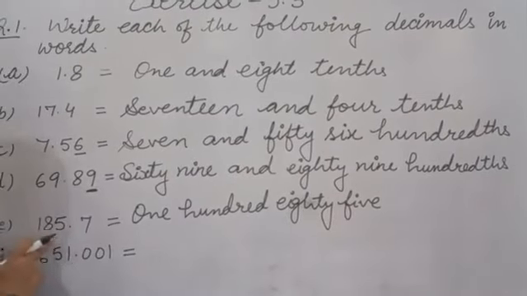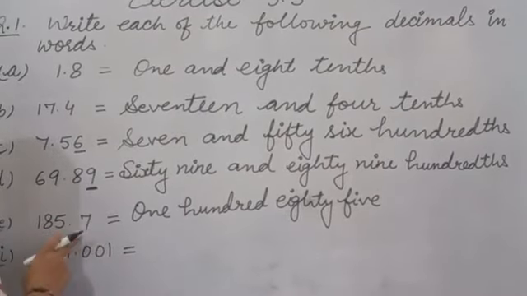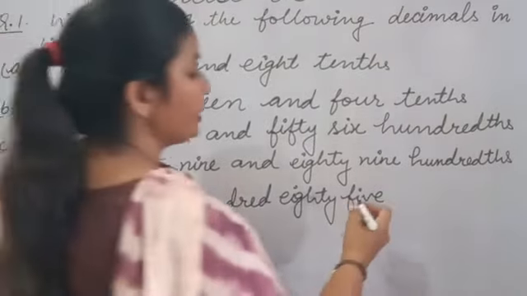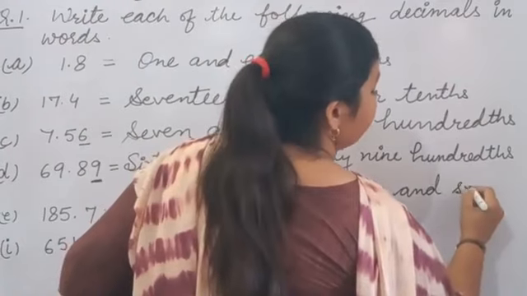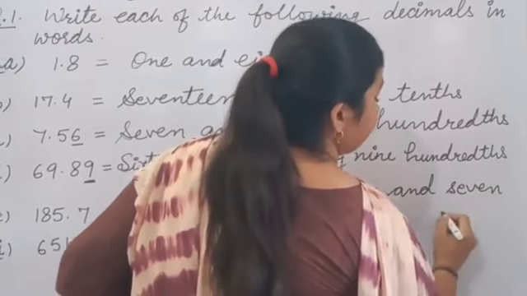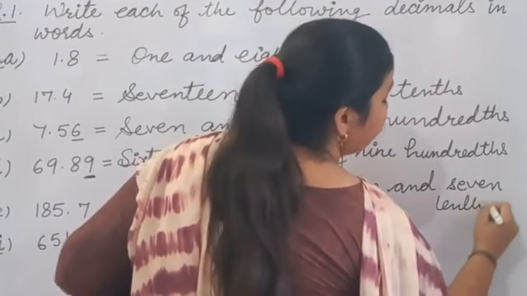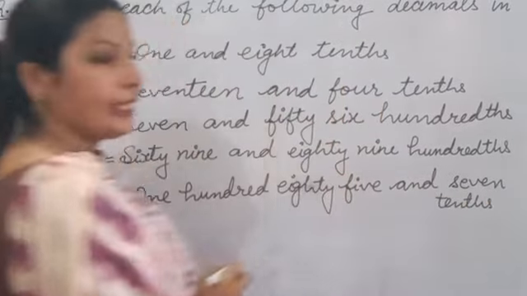The whole number is 185, then 7 tenth. T-E-N-T-H-S, this is tenths.